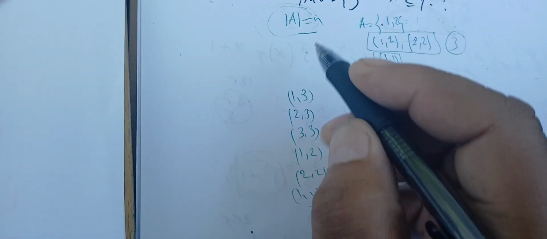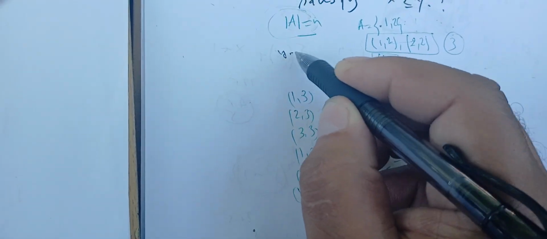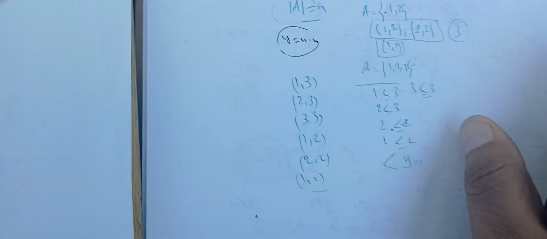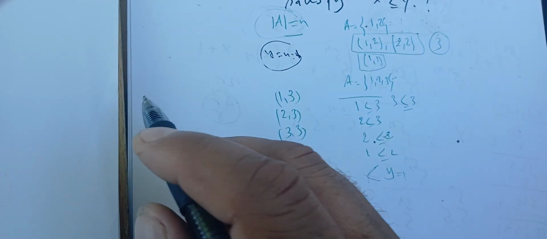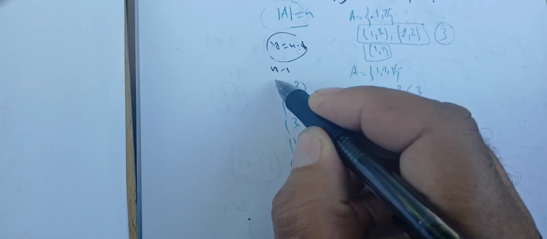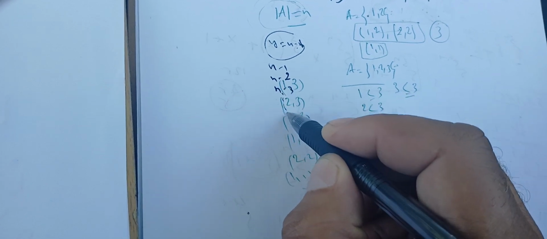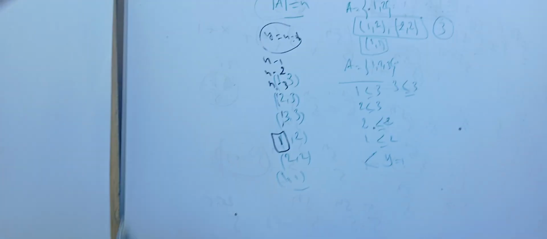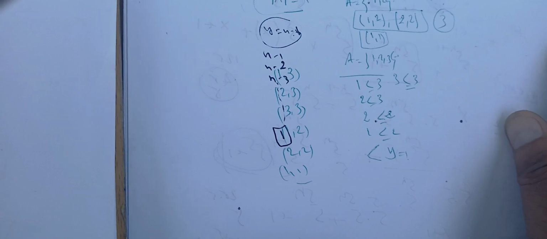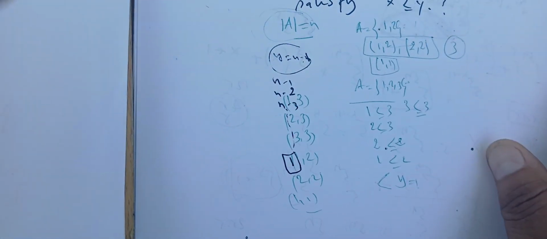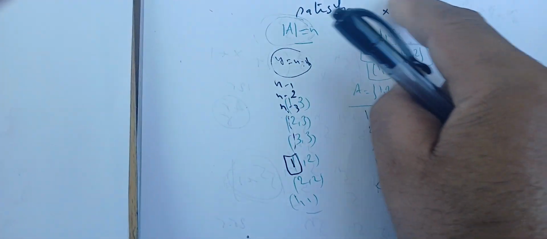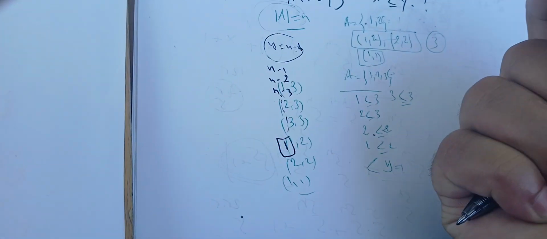If we let y equal n minus 1, the values of x are n minus 1, n minus 2, n minus 3, until the last one, which is 1. So we can count the solutions by fixing y and checking the values of x.